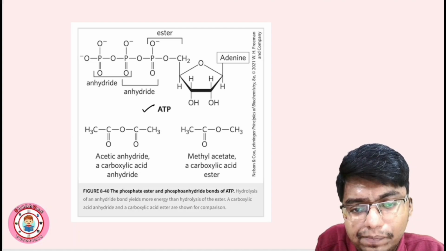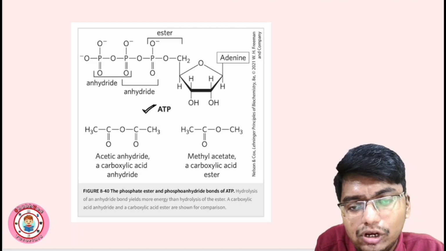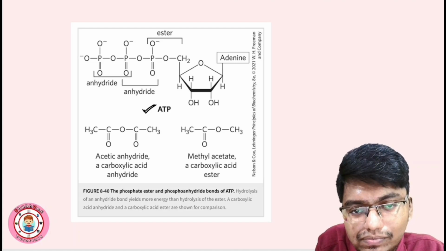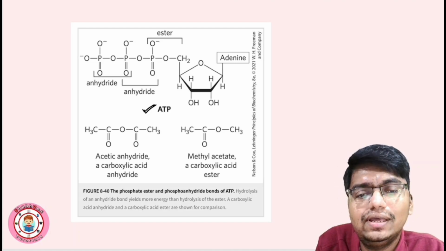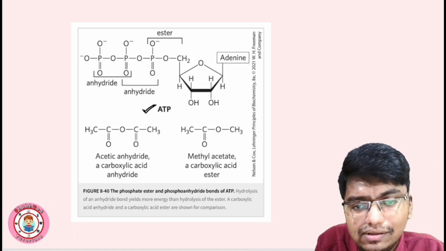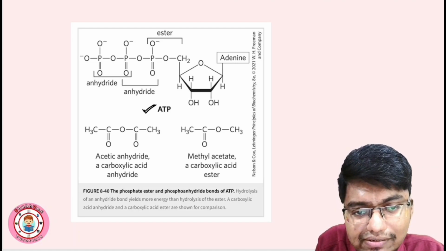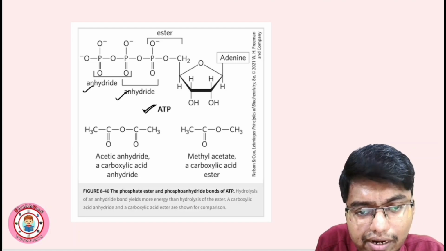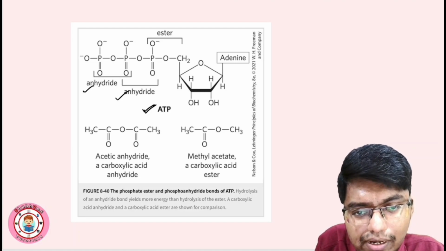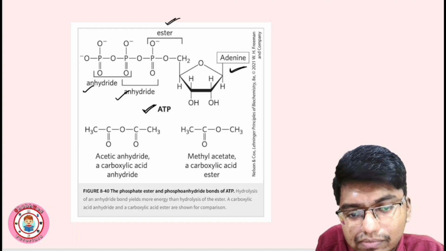Now this is the ATP molecule we know, a high energy molecule. Most of our body depends on ATP for energy. You can see this is ATP, adenosine triphosphate, and between the phosphates there is an anhydride bond. This is the ester bond, and this is the N-glycosidic bond.